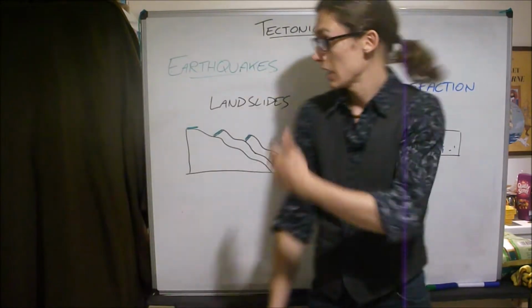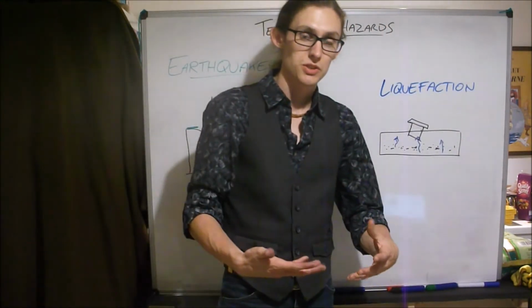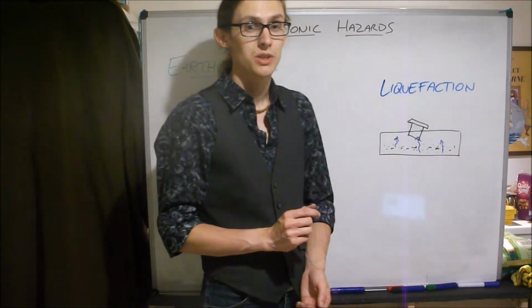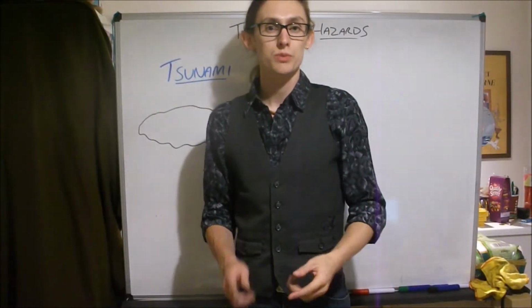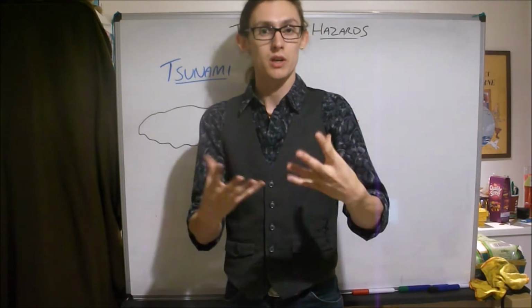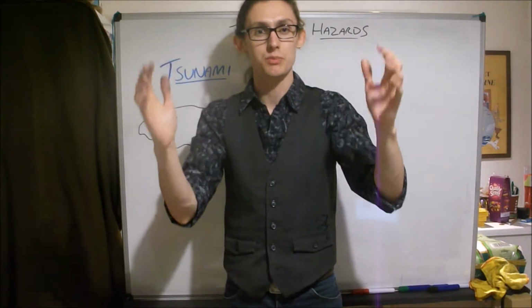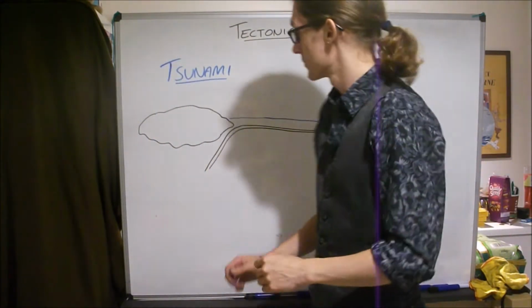So we can get landslides and we can get liquefaction as secondary hazards from earthquakes, as well as our other tectonic hazard, tsunami. Tsunami are caused by earthquakes, landslides or volcanoes, which all create enough land displacement to push a pulse of water through the ocean.